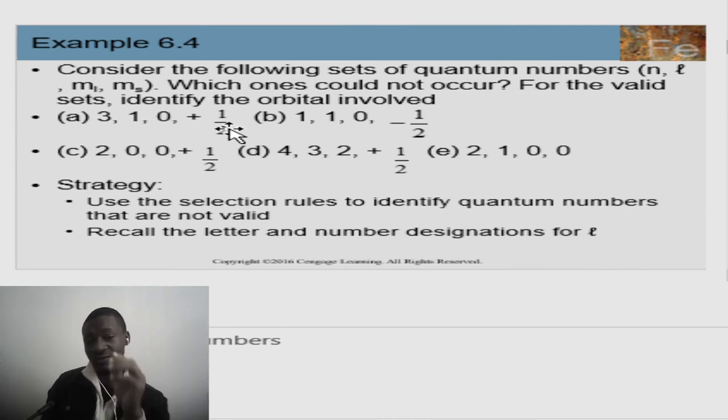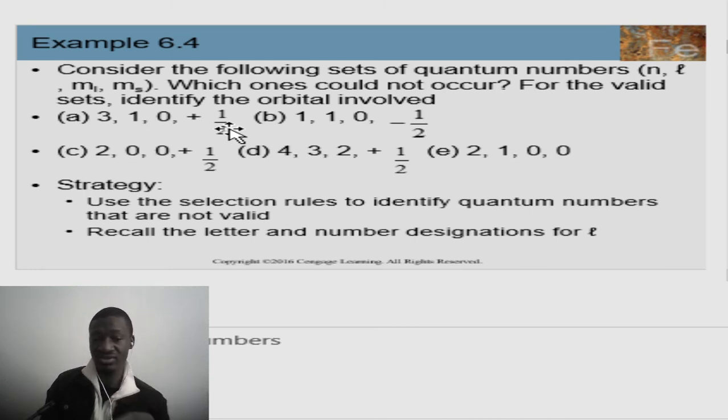So for the first, 3 is the n, the l is 1, and remember we said n minus 1 will give us the l, but in this case it could be 2, it could be 1, it could be 0. So you have 1 there, which means that it's valid.